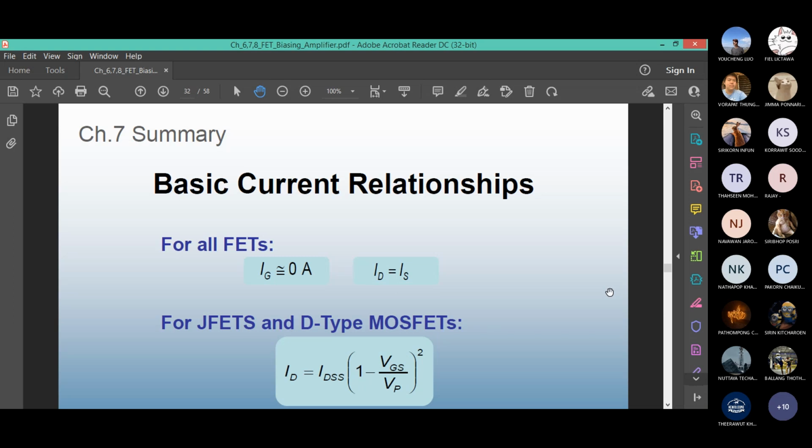For the case of JFET, what happens? There are also some assumptions and basic equations. First one is IG equals 0. The gate current equals 0. Why do you think they make that assumption? IG is 0 due to what?